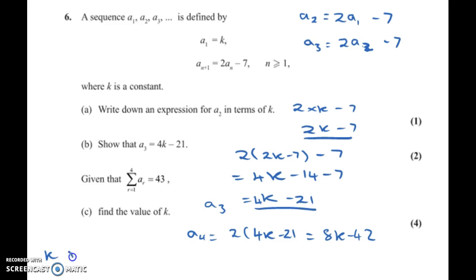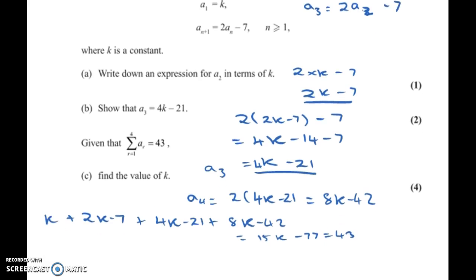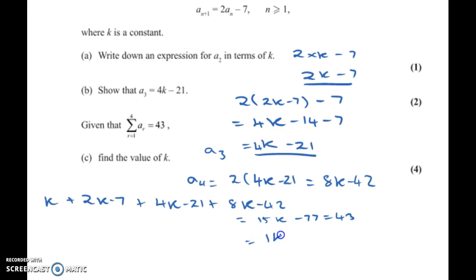So we get k add 2k minus 7, add 4k minus 21, add 8k minus 42. This gives us 15k minus 77. That equals 43. This means that 15k equals 120. So k equals 8.